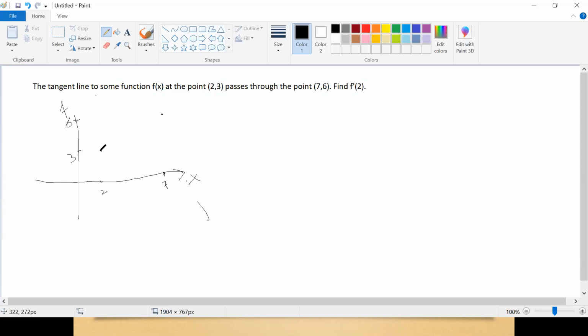So we have a function, and let me use a different color.